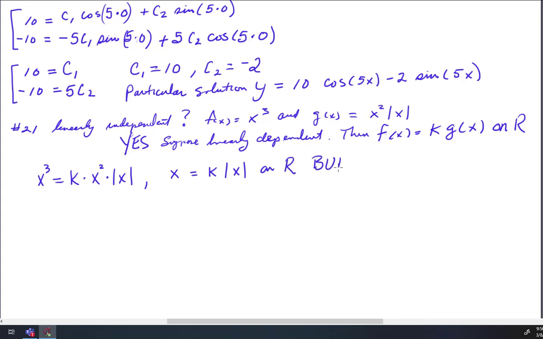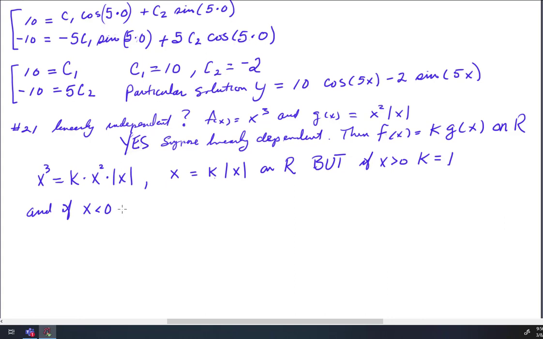But this would imply if x is greater than 0, then k would have to be 1, and if x is less than 0, then this would be a negative number, and this would be a positive number unless k was less than 0.